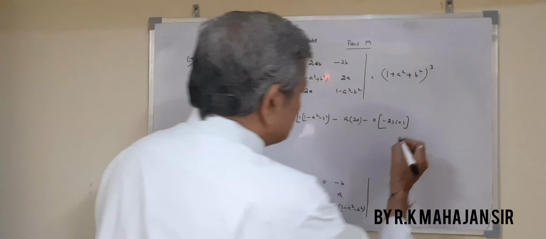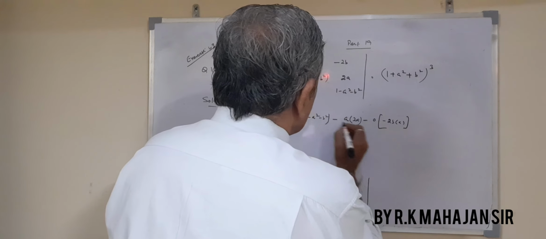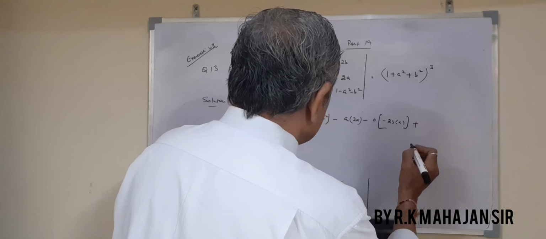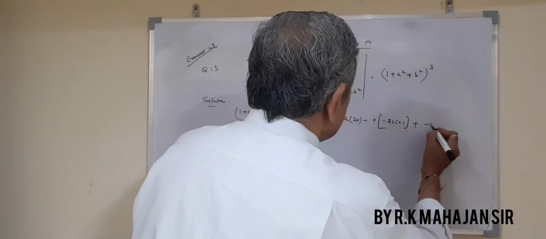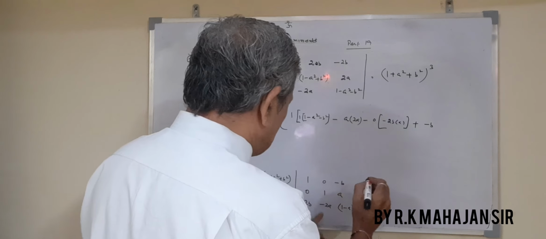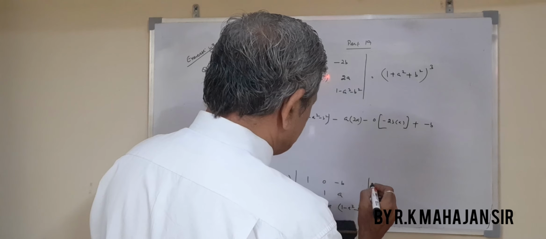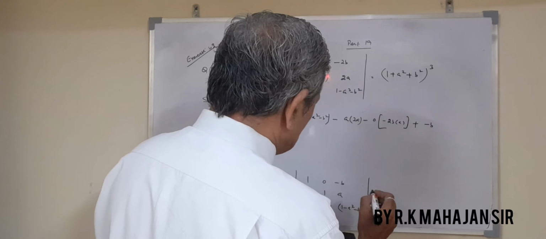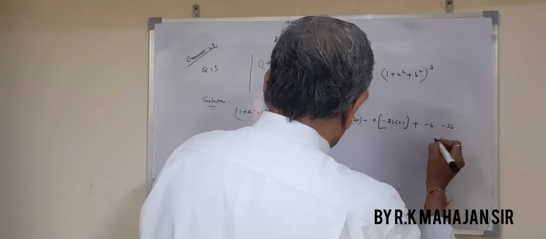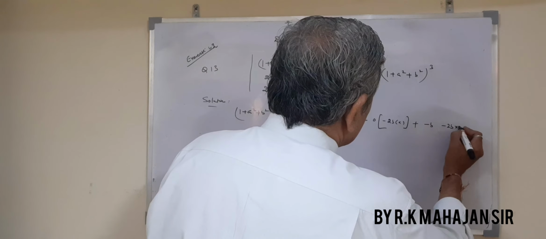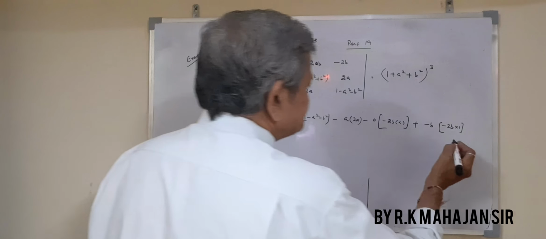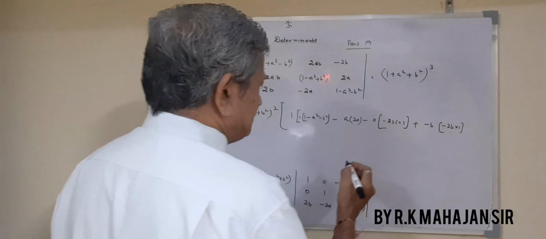Then the first part is positive, the second part is negative, then the third part is positive, with this part minus b, cut this row, cut this column. So 2a multiplied by this will be 0, and 2b will be multiplied with 1, and this gives you minus sign, so minus a. So this is the third part.